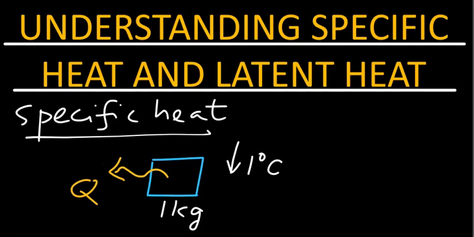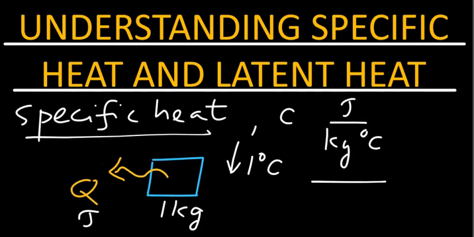We know heat is quantified in the units of joules. So specific heat capacity, often labeled with the symbol C, has a unit of joules per kg per degree Celsius, or joules per kg per Kelvin.